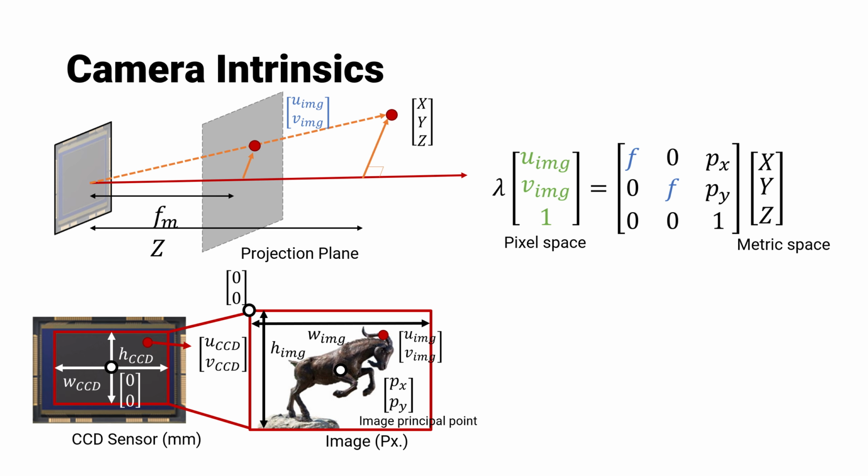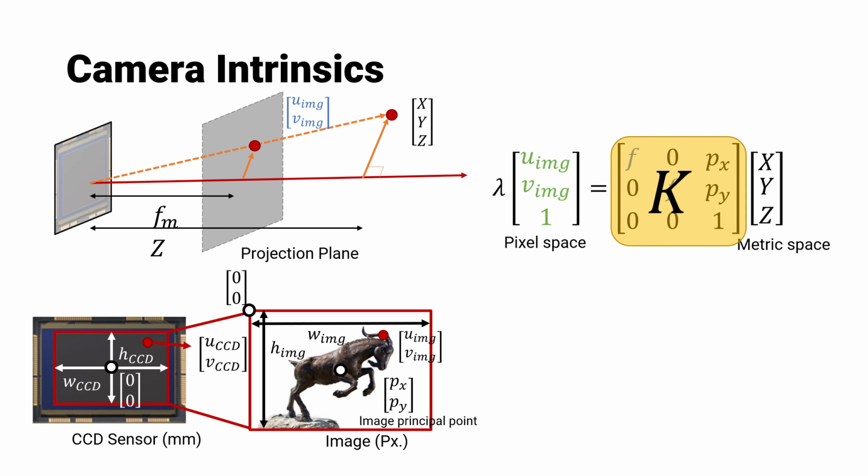These are the two steps. And remember that we did not know depth Z, because the scale of the object is gone, so we replace that with a lambda.